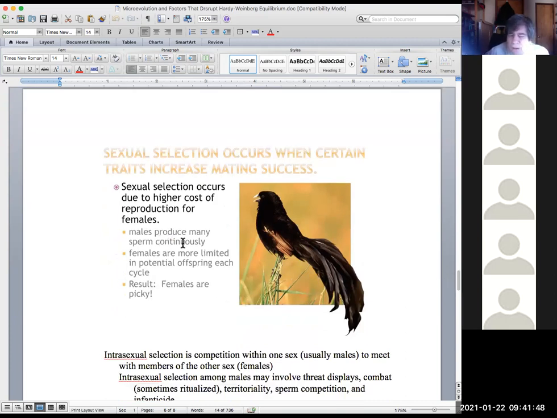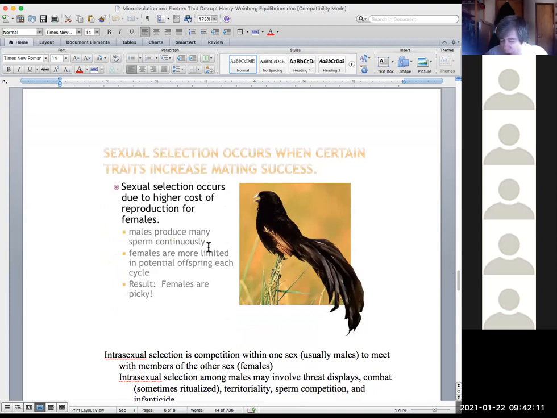So let's look at the cost of reproduction and why it's higher for females. In a lot of species, males produce sperm continuously, and females are much more limited. Not just in people, but actually in most animals that we study, females spend the most time on parental care.